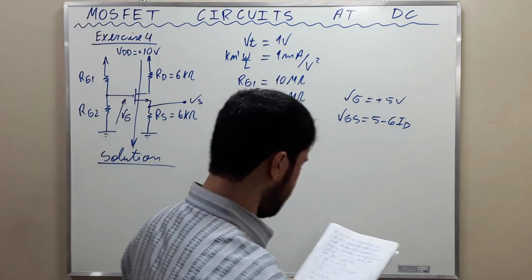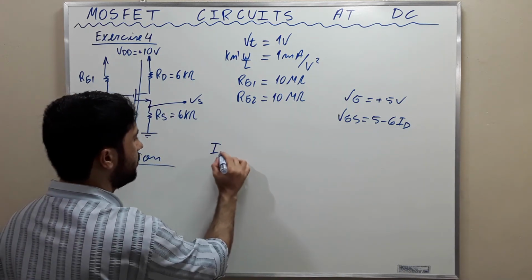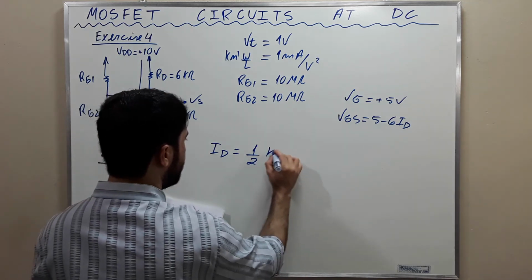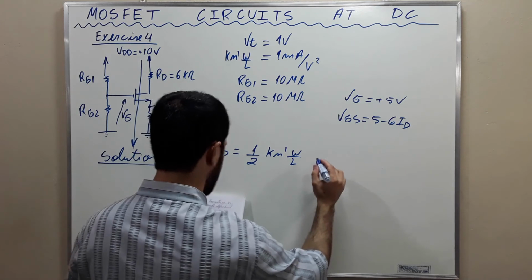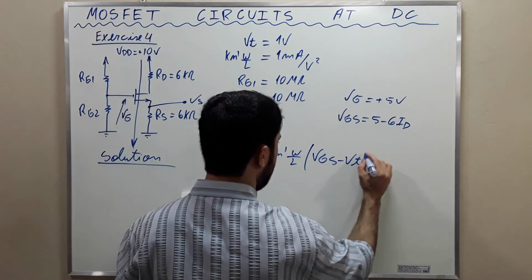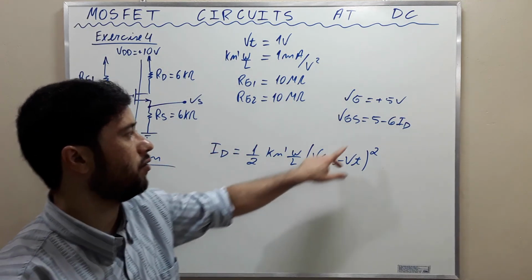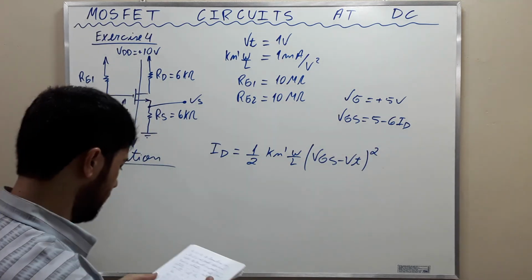In the saturation region of operation, we use this expression for ID: ID equal to a half of Kn prime W over L times VGS minus VT squared. But in the place of VGS, we are going to use 5 minus 6 times ID.